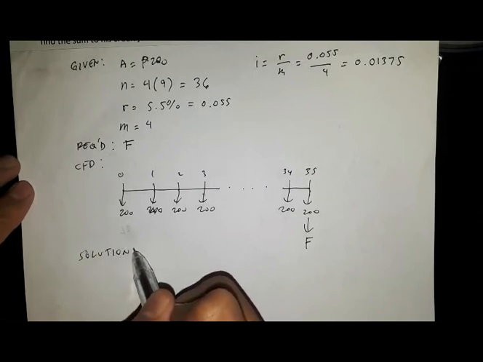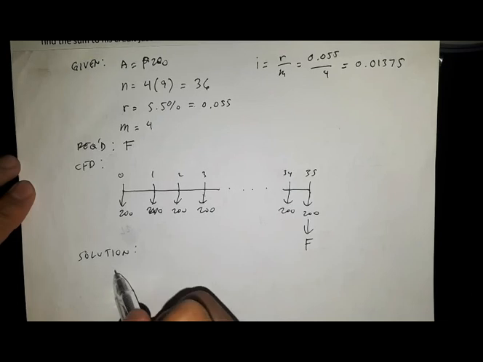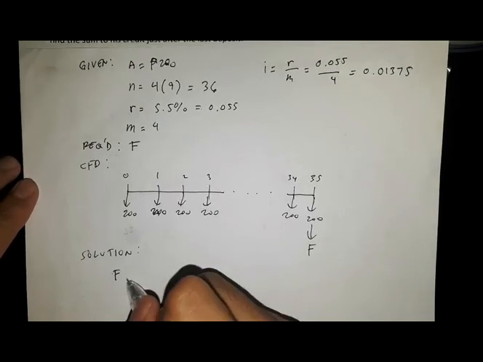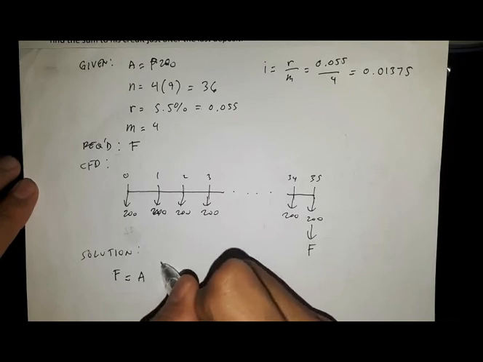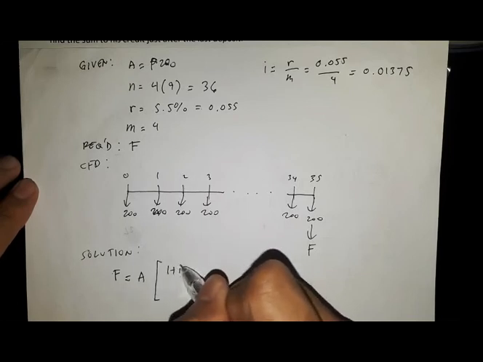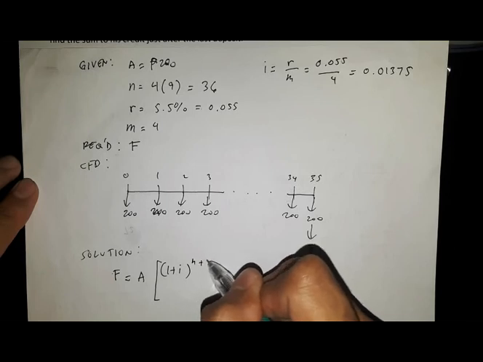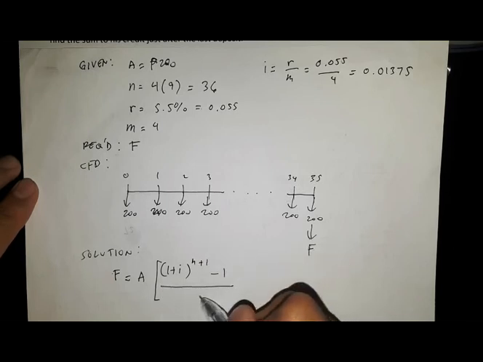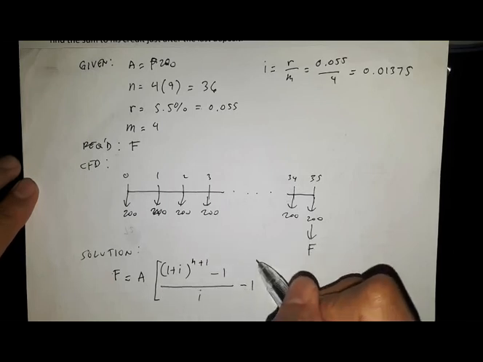To solve the problem, we have the formula for F equals A times 1 plus I raised to N plus 1 minus 1 over I, minus 1.